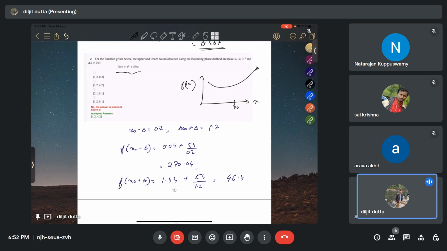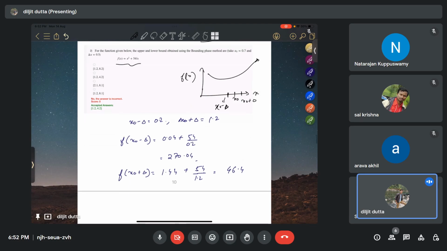We will do the function evaluation at two points, that is x naught plus delta and x naught minus delta. We will get these two values and then we will see the inequality of the function values at these points. Initially x naught minus delta will be 0.7 minus 0.5, which is 0.2, and x naught plus delta is 0.7 plus 0.5, which is 1.2.